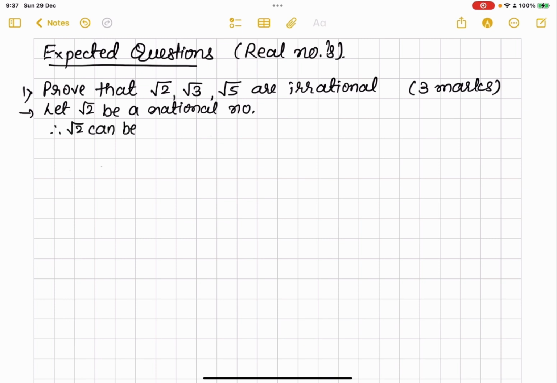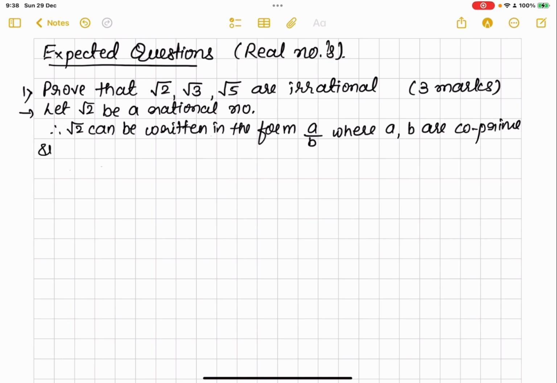Therefore, root 2 can be written in the form A upon B, where A and B are co-prime and B is not equal to 0. Therefore, root 2 equals A upon B. So, I can say B root 2 equals A.